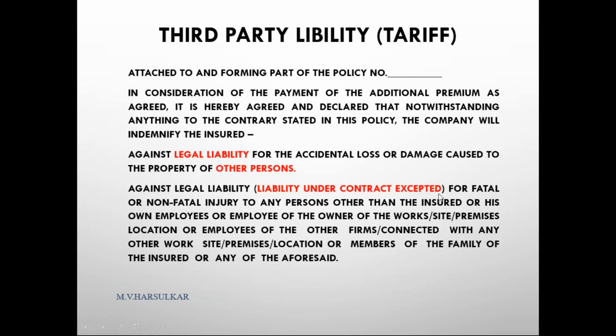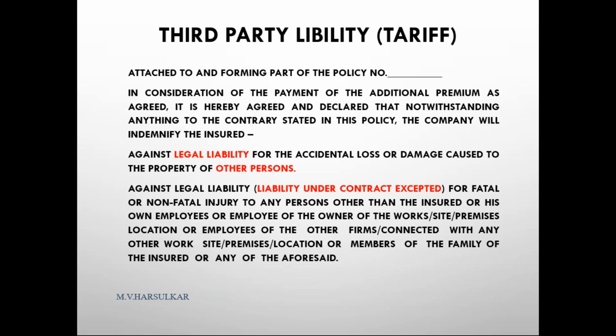This is the policy wording: against legal liability. Legal liability normally follows the principle of the law of tort. If someone has done wrong to you, you can claim damages from them. So the basic thing is, if the insured has done something wrong and damaged others' property, the others can lodge a claim, but provided they are able to prove that some wrong was done by the insured.